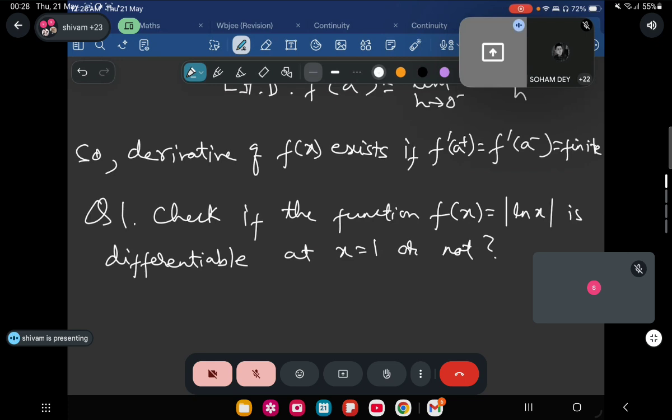What about others? Others also write your answers. You have to tell me whether the function is differentiable or not. Sir, I've sent you the answer. Okay, let me see.